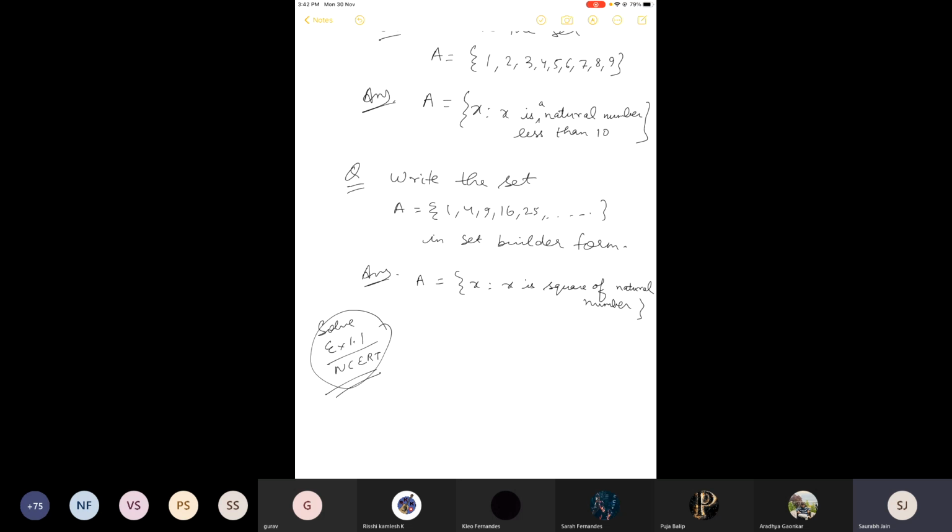The whole exercise is about writing the sets either in roster form or set builder form, or changing one into another, or they can ask you questions. They will give you some sentence and ask which of the following are examples of sets. So you should remember that sets are well defined collections of objects.